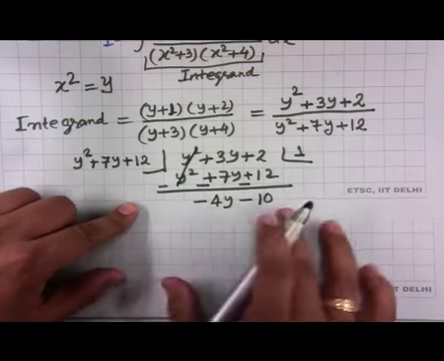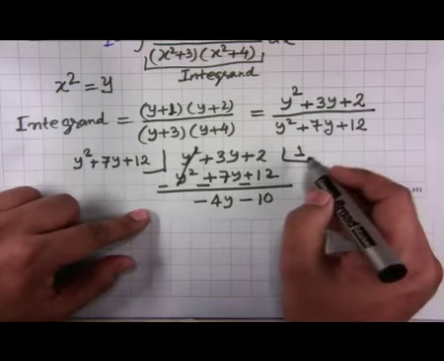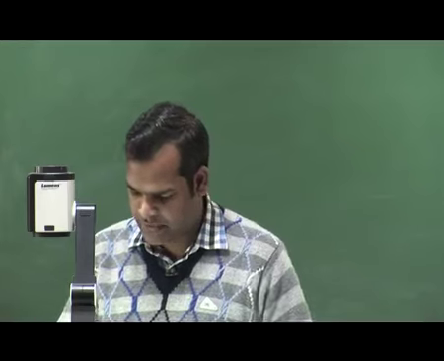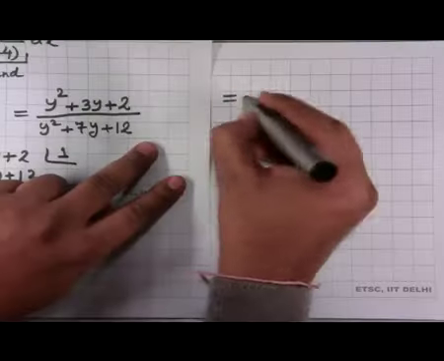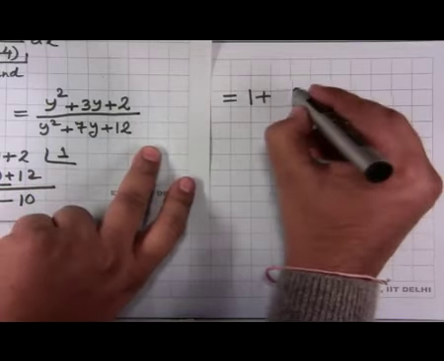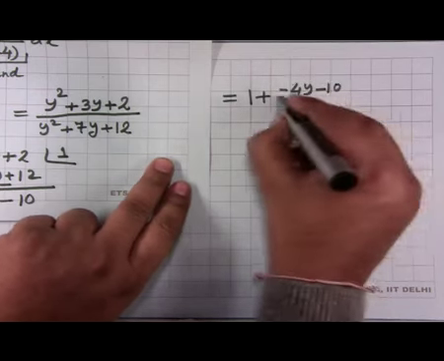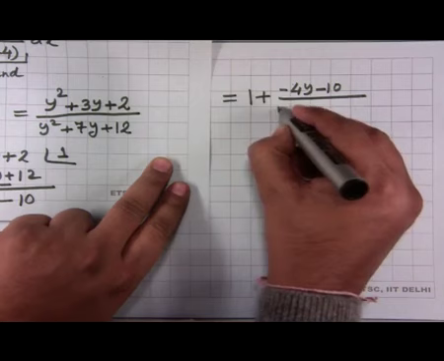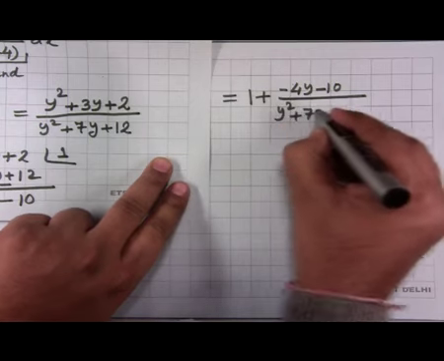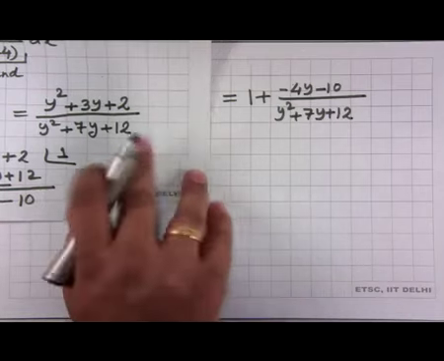So, the remainder here is minus 4y minus 10. So, this expression of the integrand can be written as 1 plus minus of 4y plus 10 divided by y square plus 7y plus 12. This is what the integrand is.